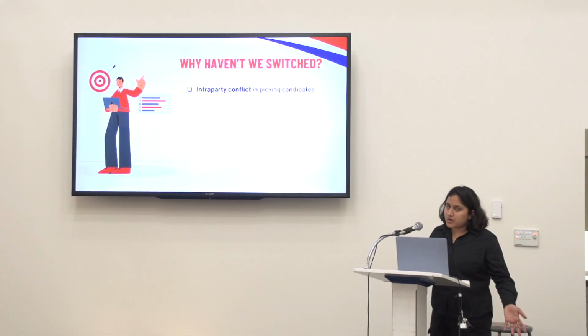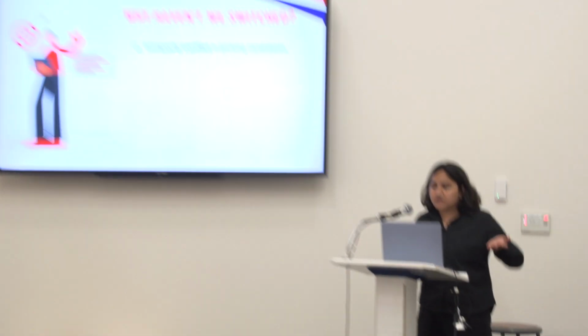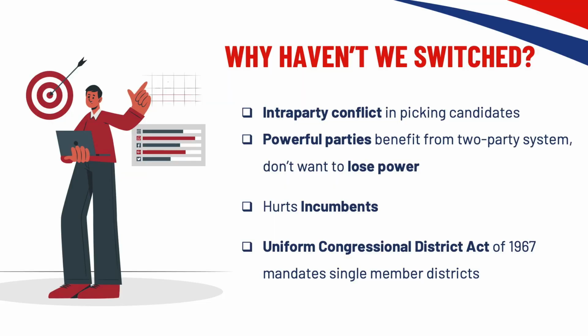Well, why we haven't switched yet is because of a couple of problems: intra-party conflict and picking the candidates who are going to be representing the district, because there are multiple individuals getting selected.